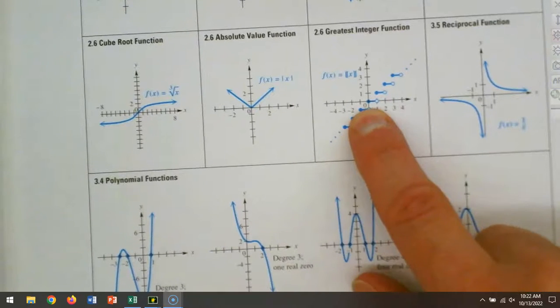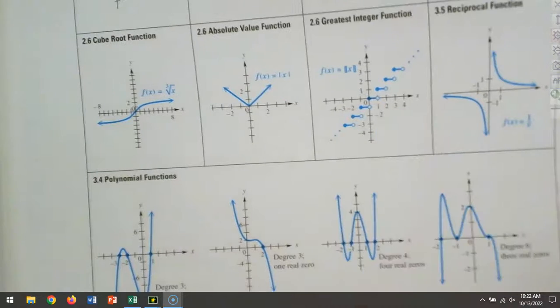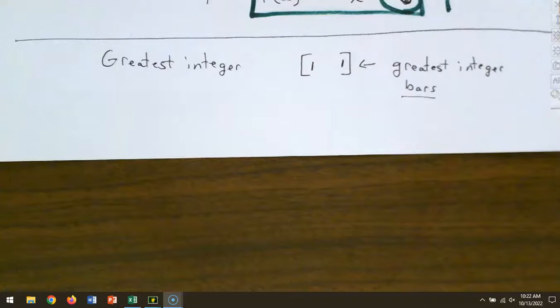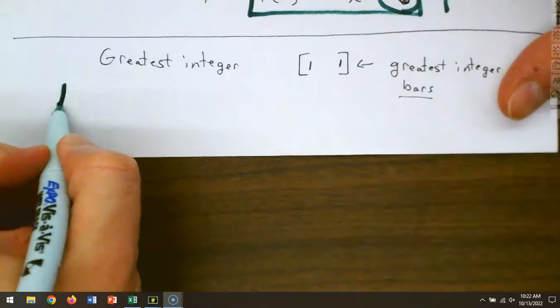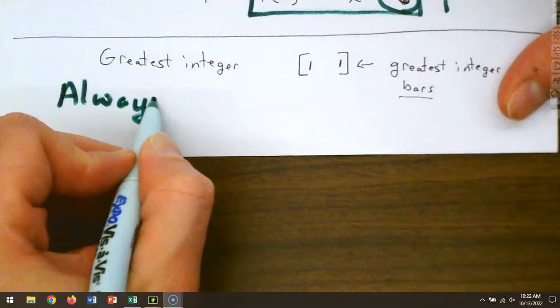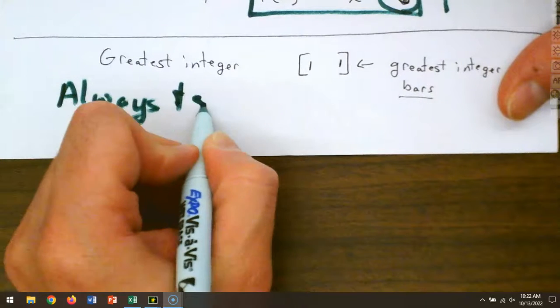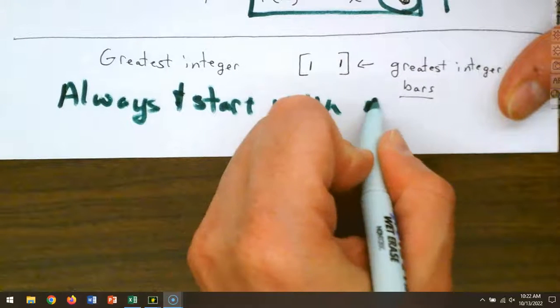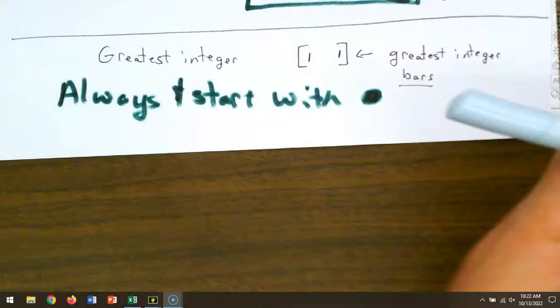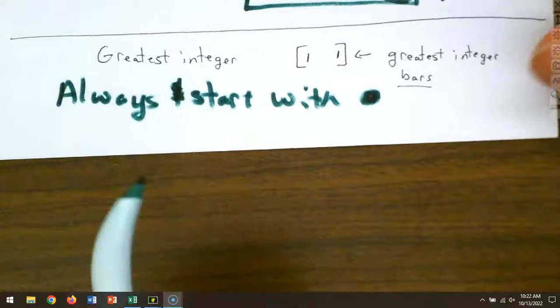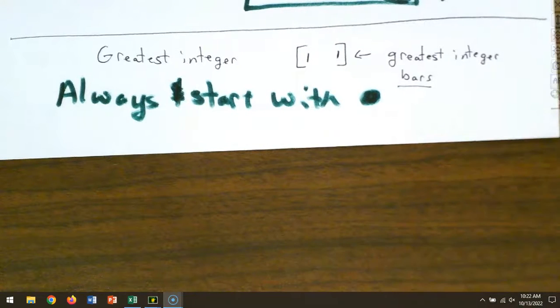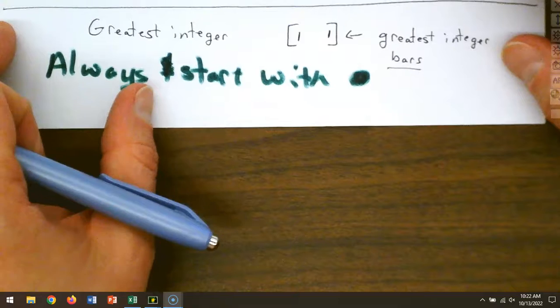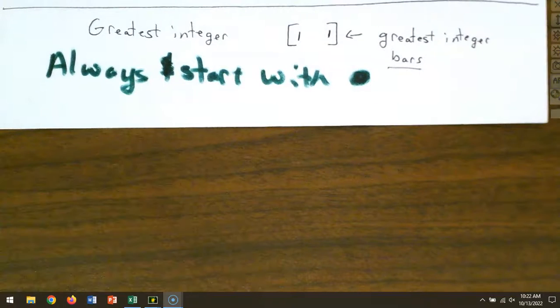Notice it starts with a closed circle. So that's very, very important. You always start with a closed circle. So whenever you start graphing these, you always want to start with a closed circle. Now they're going to resemble a case of stairs. It's no more difficult than any of the others.